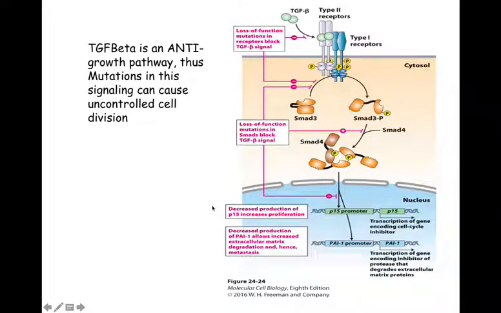You can have mutations involved in the DNA where SMADs bind to the nucleus. So once again, it's one of these pathways. It's involved in cell growth. Anything in the pathway that is mutated could result in uncontrolled cell growth or cancer.